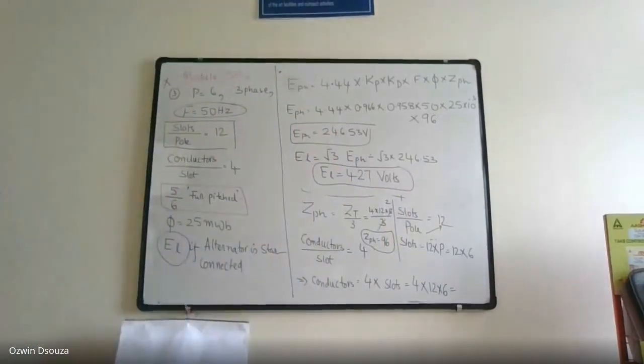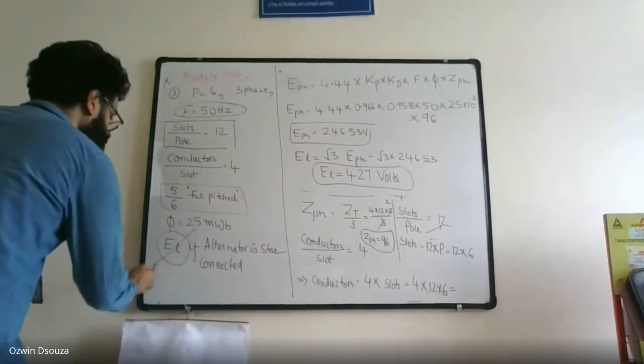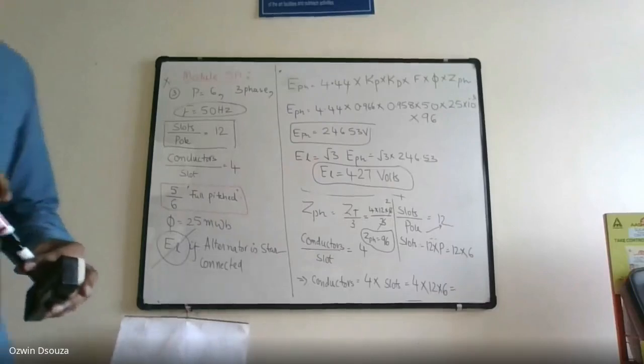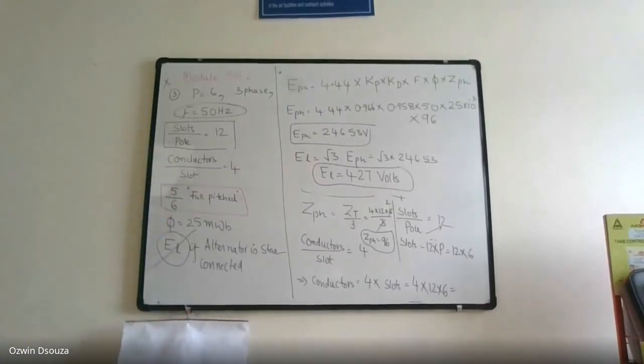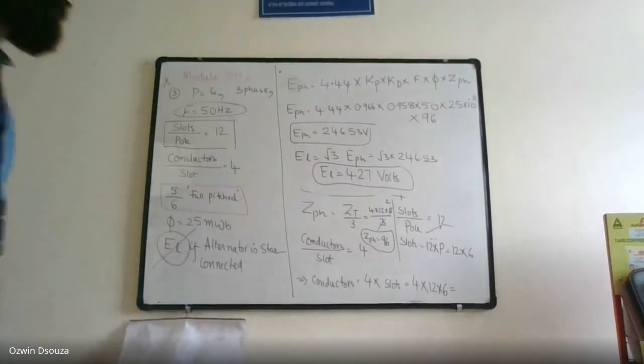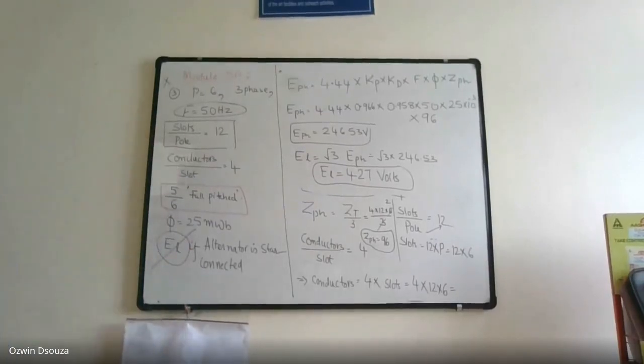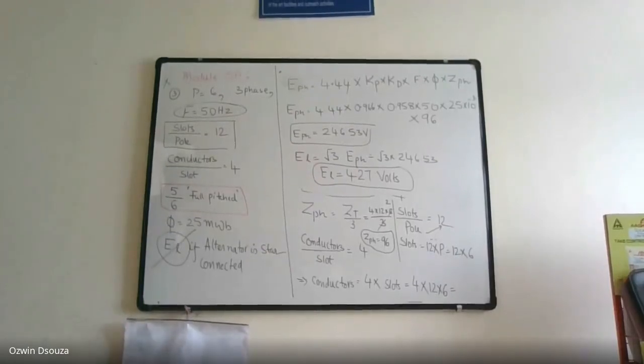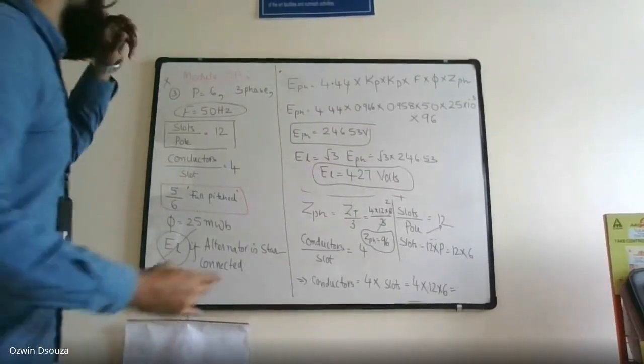So this is what you were supposed to find, and you have found. All right, so that's about problem number 3. Any doubts in this particular problem? Just let me know if you have any doubts. Okay, no doubts?